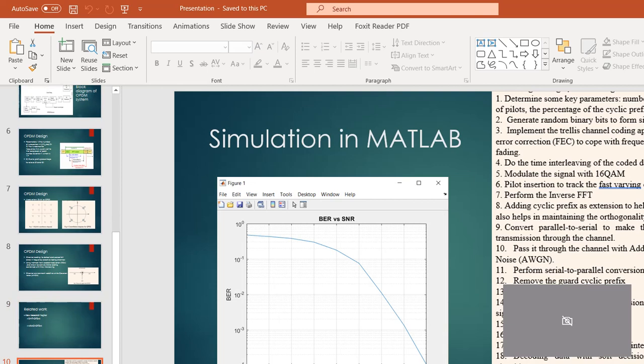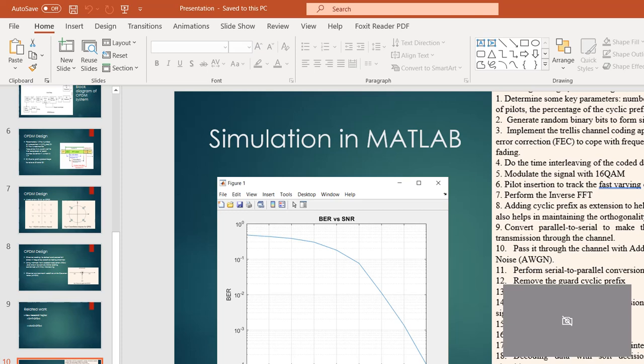Last, it comes to the simulation part in MATLAB. The picture on the right shows the steps of the major operations in MATLAB to achieve the OFDM system in the simulation, and you can have an overview of that.